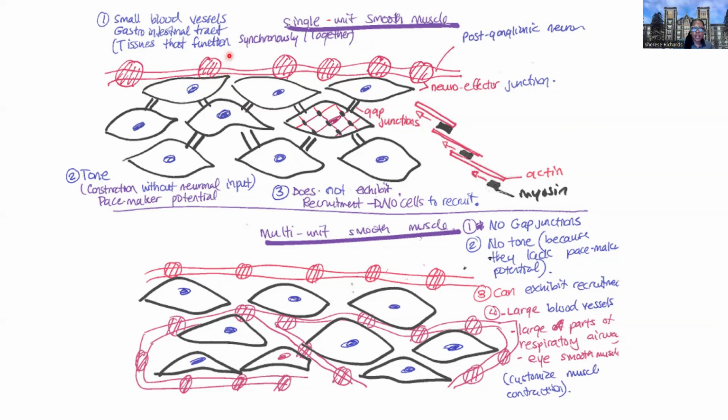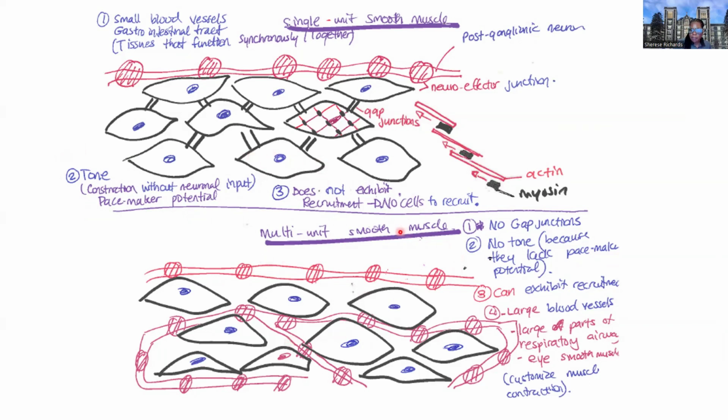So the features we saw: small blood vessels, the gastrointestinal tract, and tissue that functions synchronously or as a single unit. Another feature here was tone, which is constriction in the absence of any neural input, and that is described as pacemaker potential. And then we don't see the ability to recruit here because no cells are not contracting, right? They're all contracting as one.